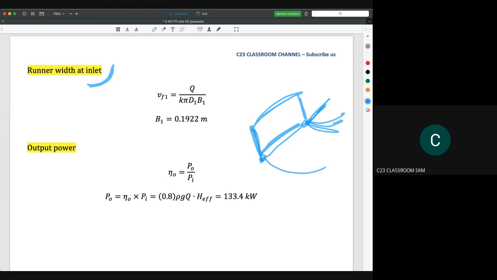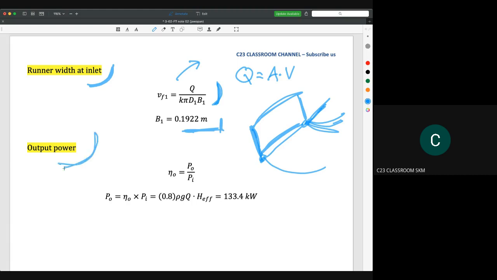The equation that contains the parameter of width is the flow rate, so we have Q equals A times V. We have V equal to Q over K pi D B. Then we could calculate this, and we get the value of B equal to 0.1922 meters.